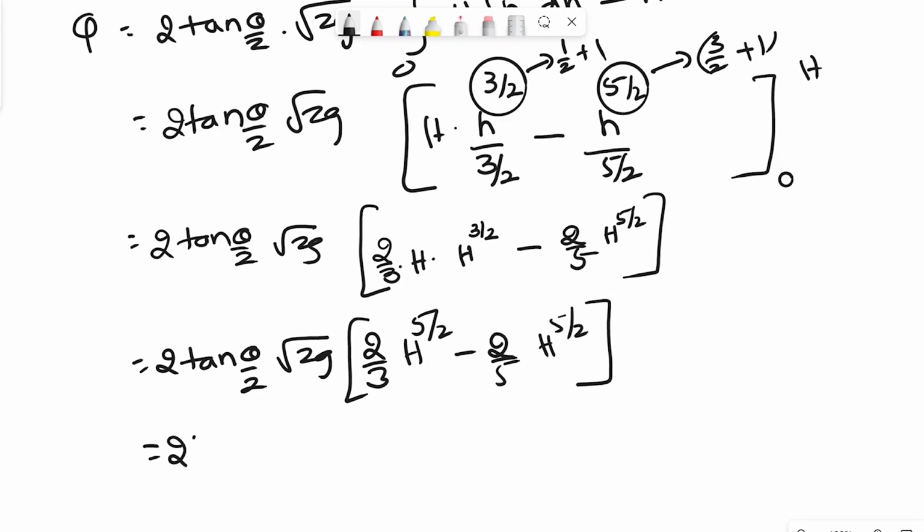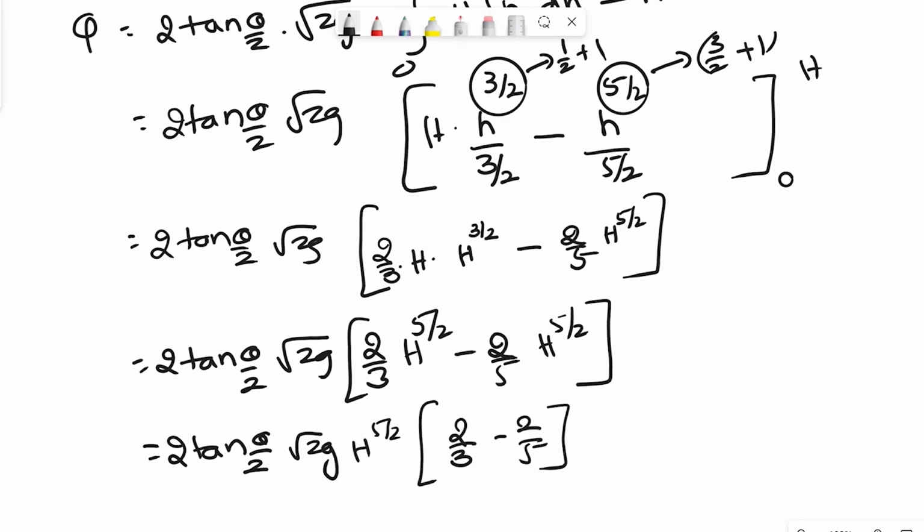So it is 2 tan theta by 2 root 2g H to the power of 5 by 2 into (2 by 3 minus 2 by 5), which is going to be 4 by 15.